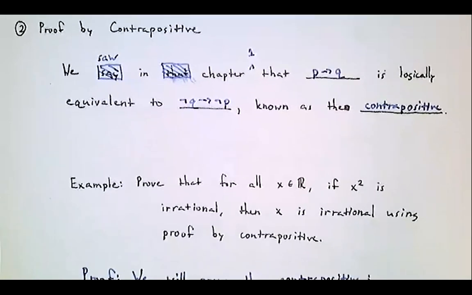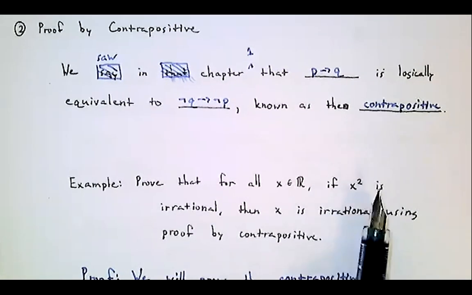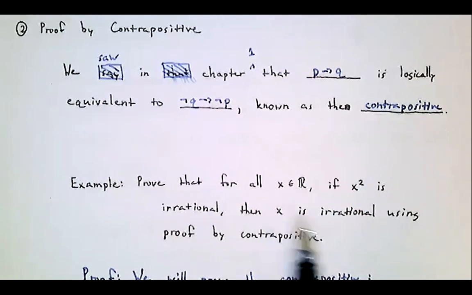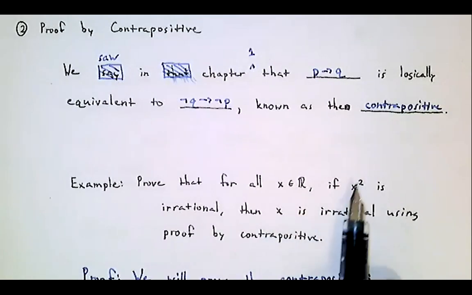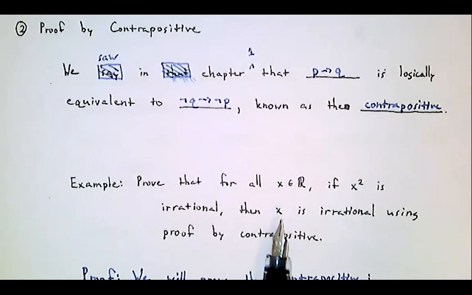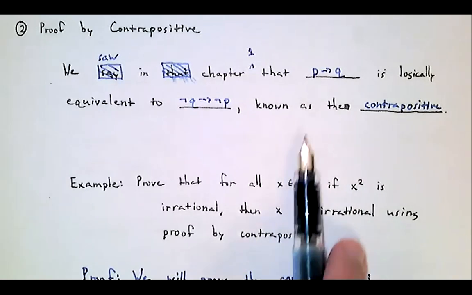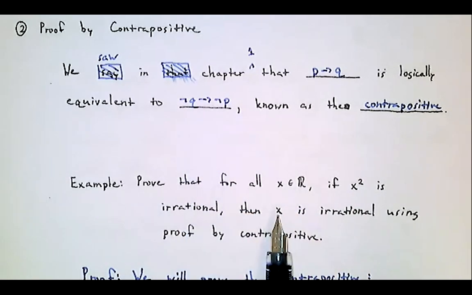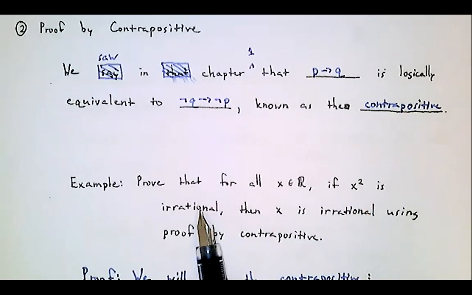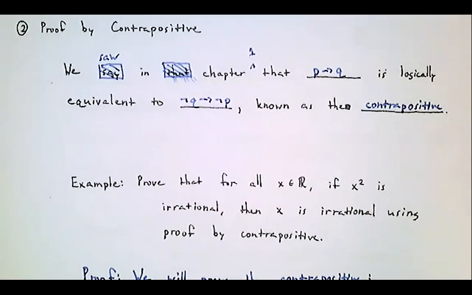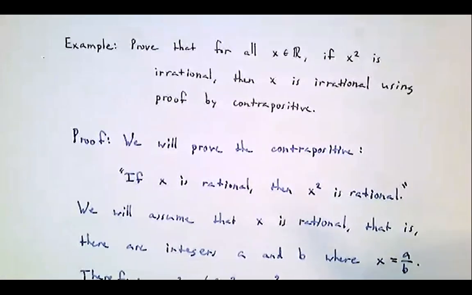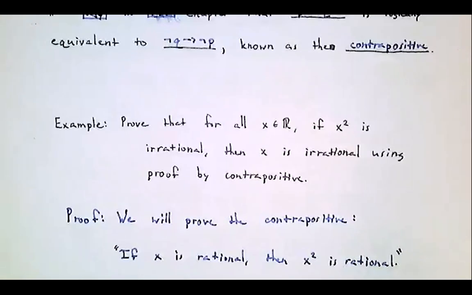And that's something that we saw in this example, where the original statement involves talking about a square and then the square root of this expression. And taking square roots can be challenging, and the way to get around that is to look at it in the reverse order. So instead of saying if x squared is irrational, then x is irrational, we say if x is rational, then x squared is rational. Okay. And then we had a brief proof over that as well.